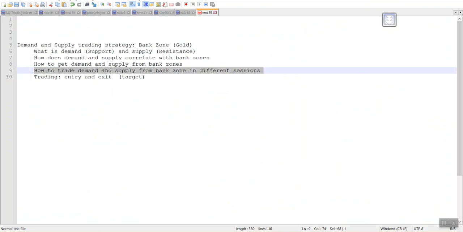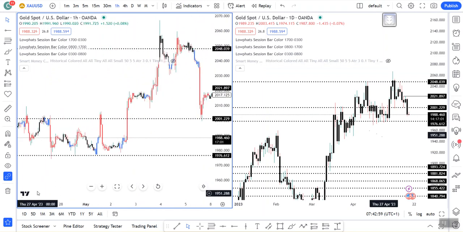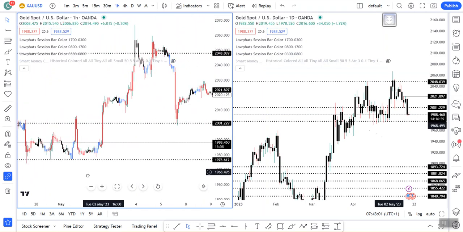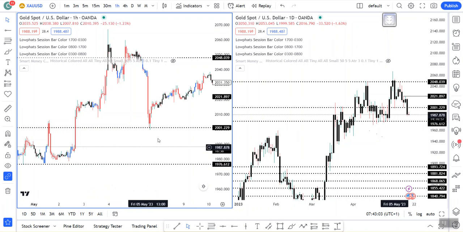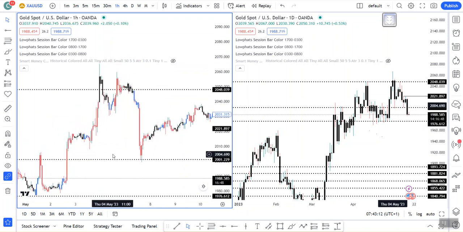The next one is how does demand and supply correlate with bank zones? In the forex market there are different sessions that make up the market and make it a 24-hour trading market.